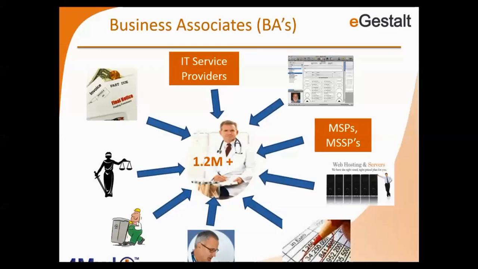If you're an MSP offering services to a medical provider or a BA, you are considered to be a BA. Garbage collector, etc., etc. Anybody and everybody who is involved in storing, accessing, or sharing of PHI information is considered to be a BA. So as a part of the new HIPAA omnibus law, there are about 1.2 million plus business associates out there, and they are now required by law to be HIPAA omnibus compliant.